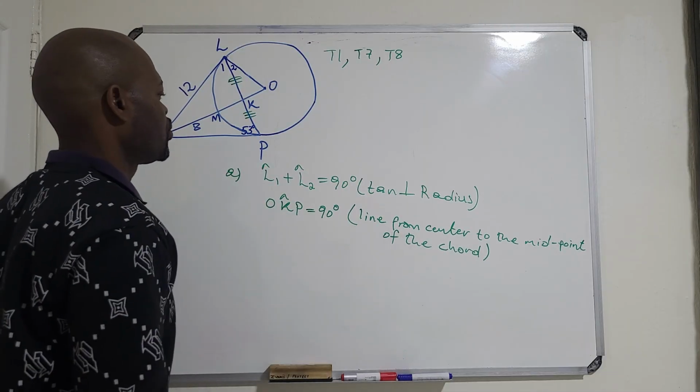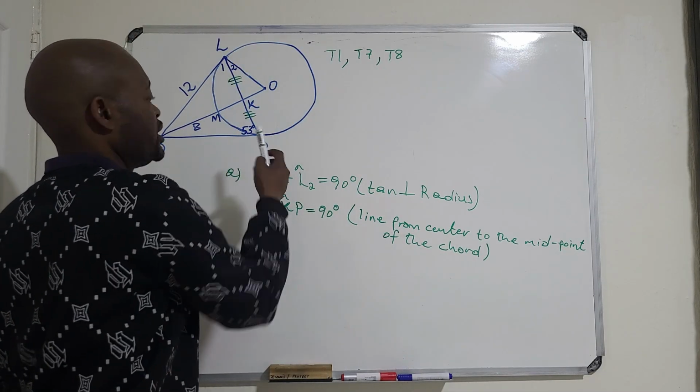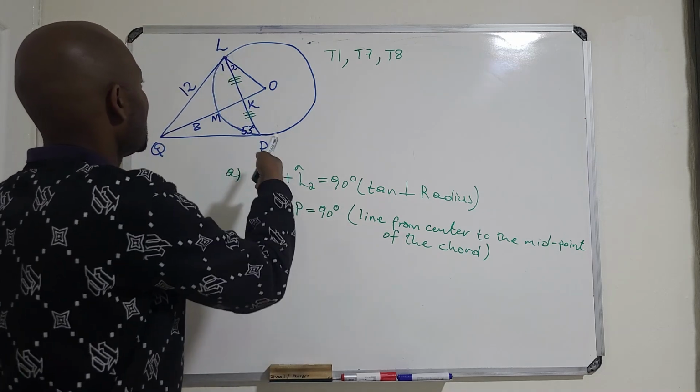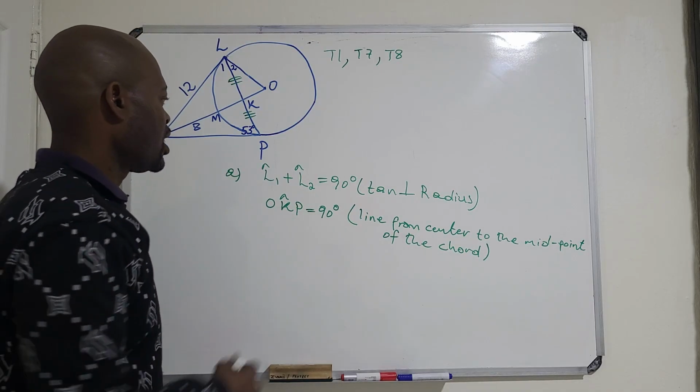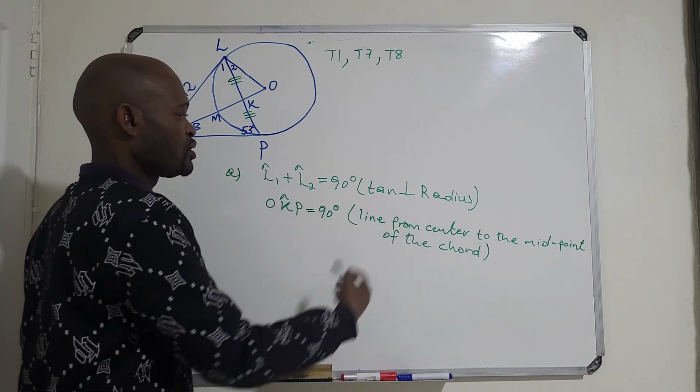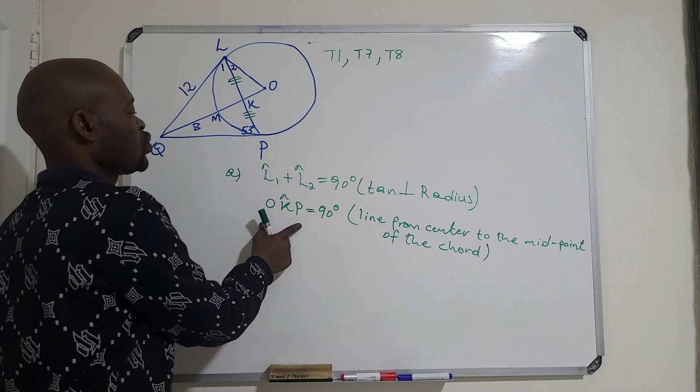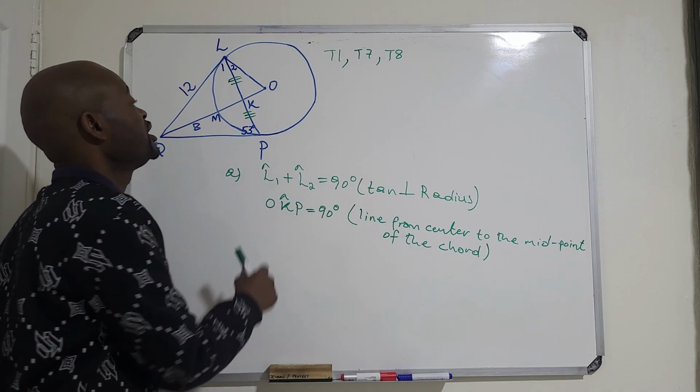I can mention which chord that is, LP, but no need, because at this point I can see only one chord here. Line from the center to the midpoint of the chord is what makes angle OKP 90 degrees.